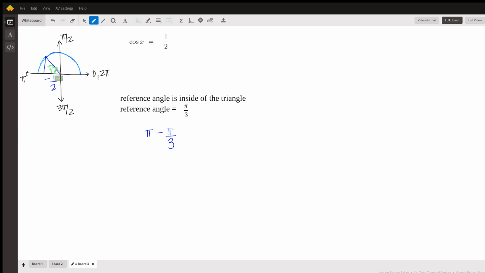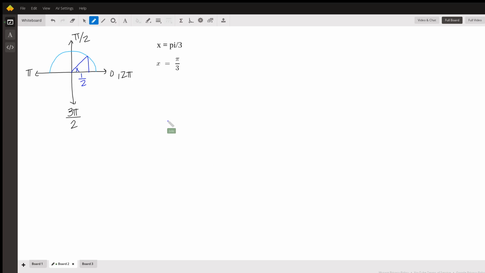So if we subtract that out, then we get our angle here, which is what we're looking for. So this is equal to 2 pi over 3. So x equals 2 pi over 3, and x equals pi over 3. Those will be your two solutions.